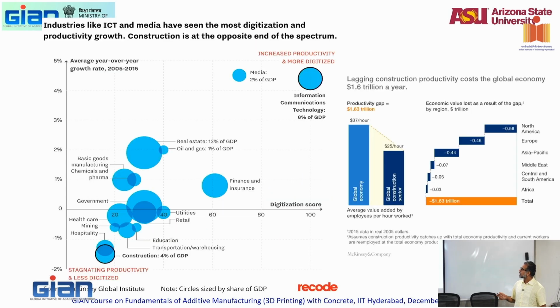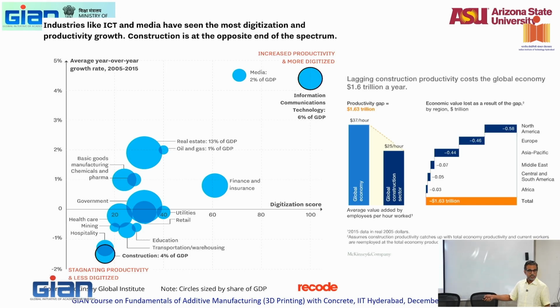Again, same idea here. Industries like media have seen the most digitization and productivity growth. Construction is at the opposite end of the spectrum: very low digitization score, very low growth rate.